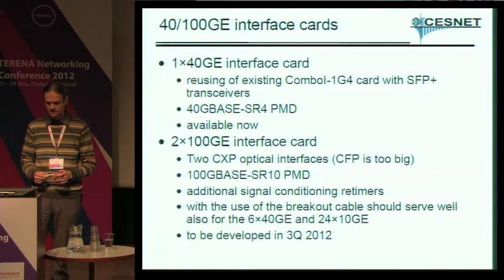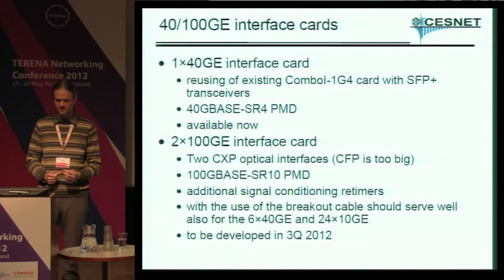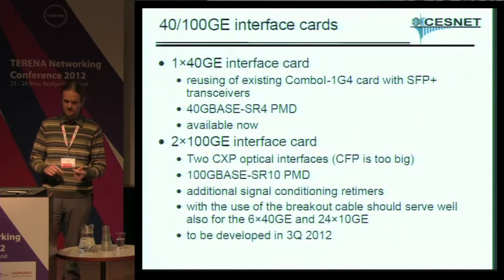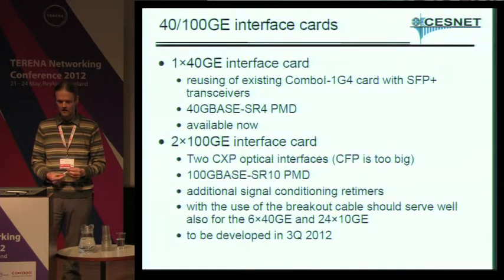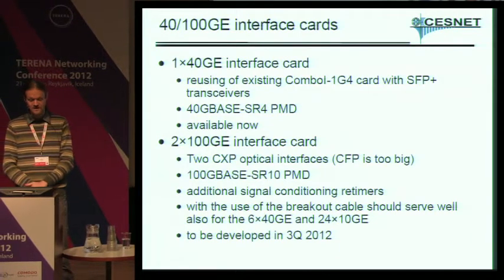The 100G interface card will have 2 interfaces. We will use CXP because of the size, and this card will implement the PMD layer of 100G Ethernet. We will have additional signal conditioning retimers there because the electrical signal will have to travel a couple of centimeters, and the quality of the signal is lost really fast if it's 10G.